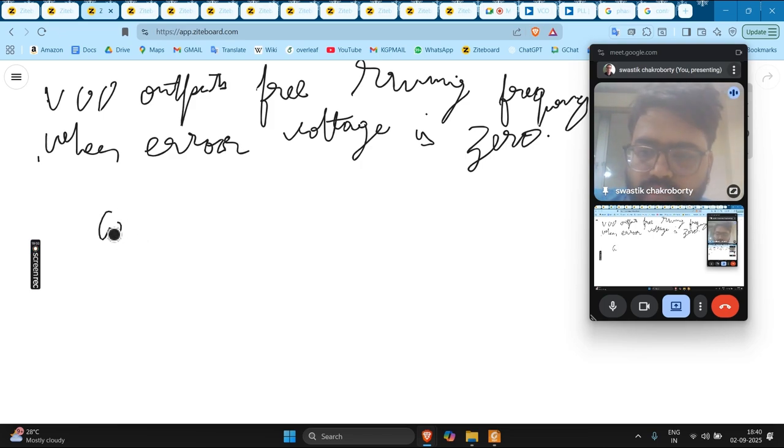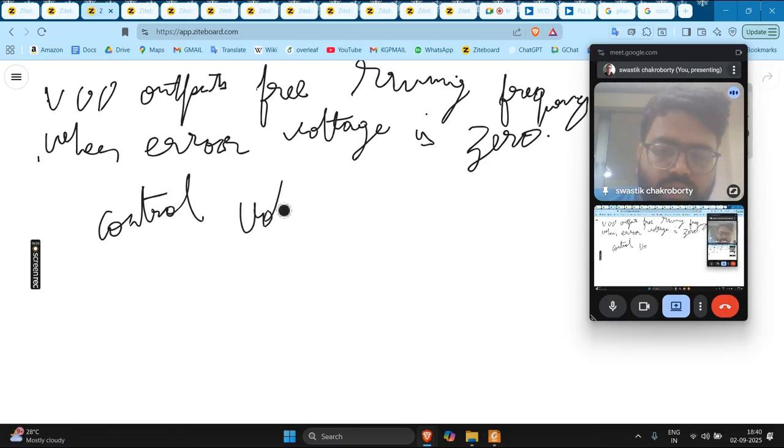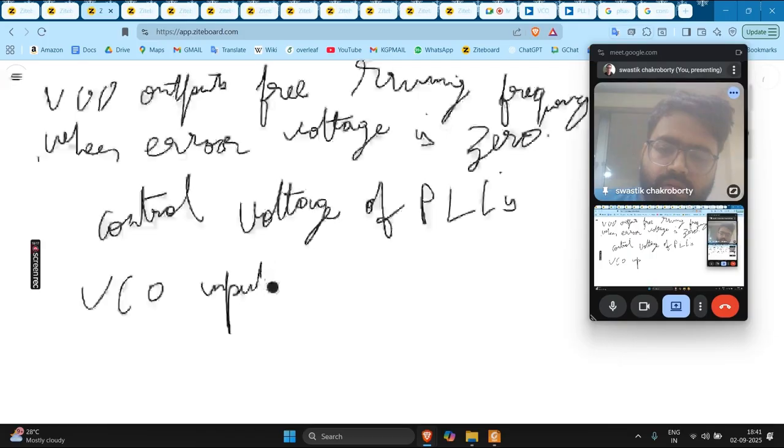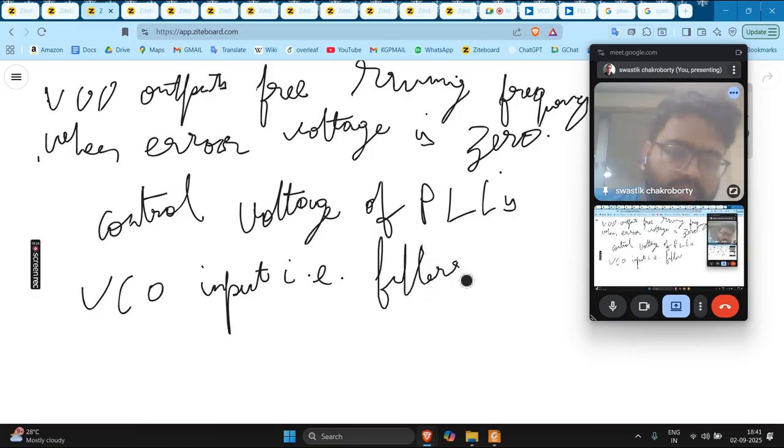So the control voltage of the PLL is the VCO input, that is, the filtered error.